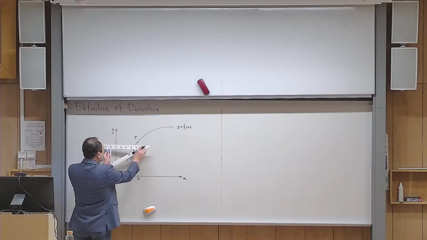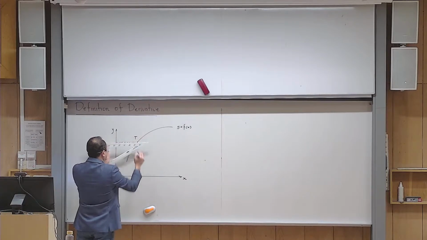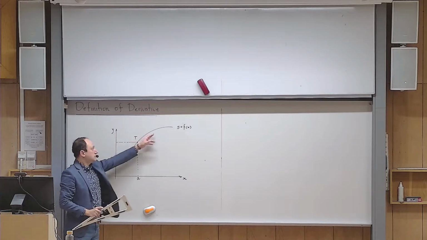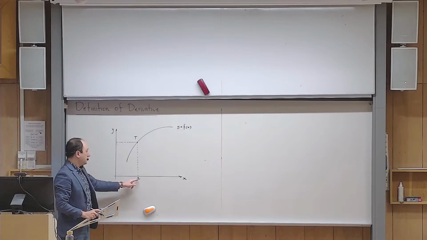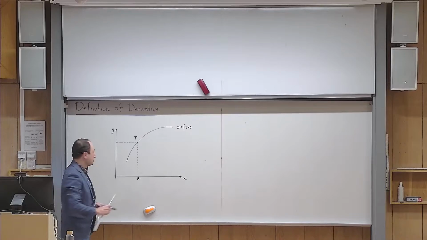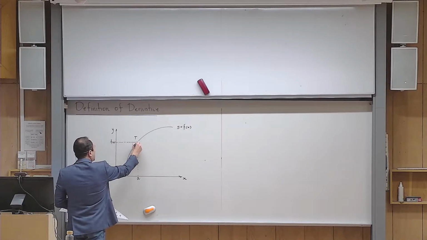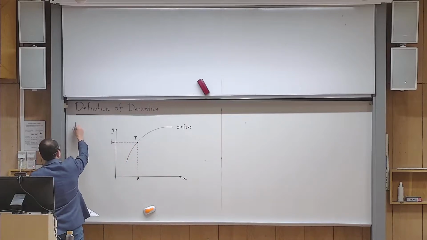And what will be the y coordinate? If this function is f of x, if I give a to the x, then the y value becomes f of a. So this point lies on the curve, and the coordinates are a and f of a.